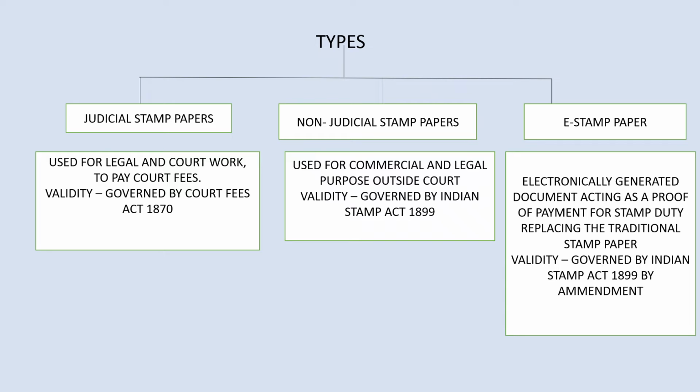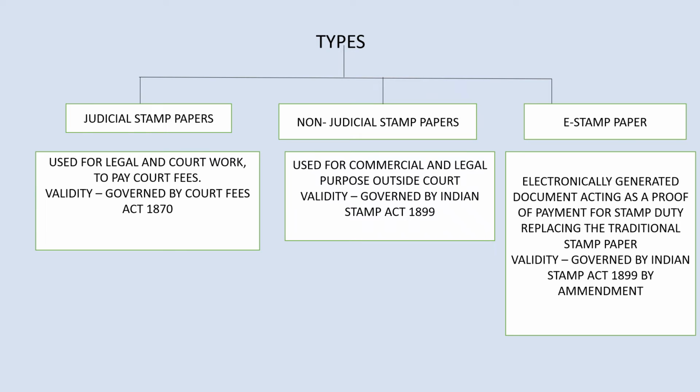Now, the non-judicial stamp papers are used for commercial and legal purposes outside the court, and this is validated and governed by the Indian Stamp Act of 1899. The e-stamp paper came into our life very recently, and these are basically electronically generated stamp papers that act as a proof of payment for stamp duty, replacing the traditional stamp papers, which are the non-judicial stamp papers.